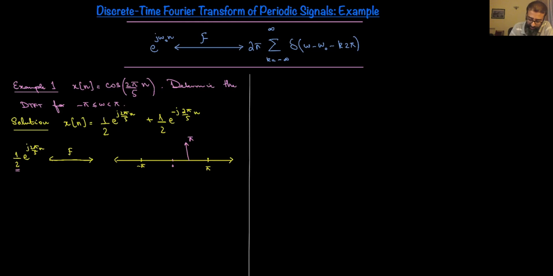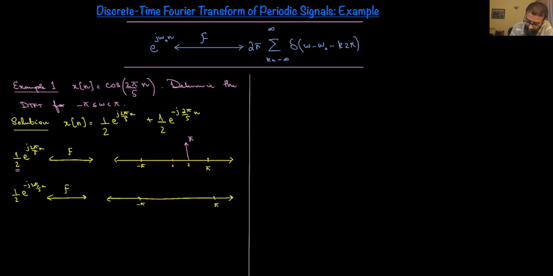Similarly, I can carry out a similar analysis for the other complex exponential e to the power minus j 2 pi by 5n, and the Fourier transform for this is going to be a single impulse, but where that single impulse is now going to reside.